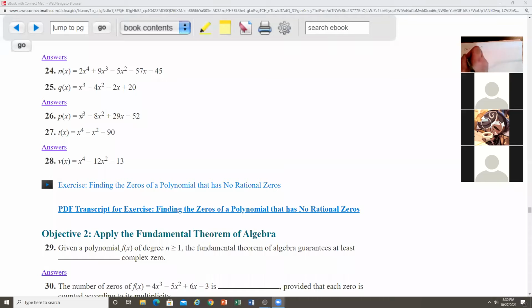Problem 26 here says that we have a polynomial function p of x, which is a 3rd degree polynomial function. And we want to find all the zeros. If x equals 4 is a 0, okay, so here's your classwork number 1.